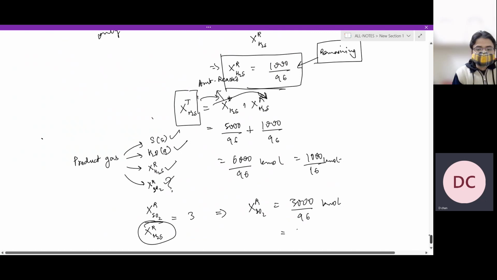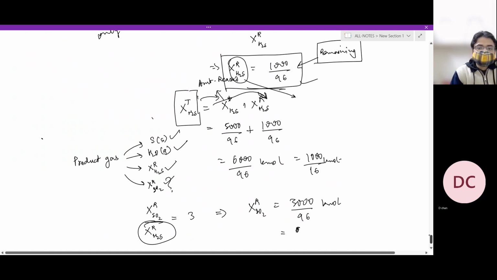Only 16. No, you need to multiply it by 3, right? Yes, sir. 3000 by 16, sir. No, here, you are talking about R, you know. Yes, sir. Sorry, sir. Okay, sir.